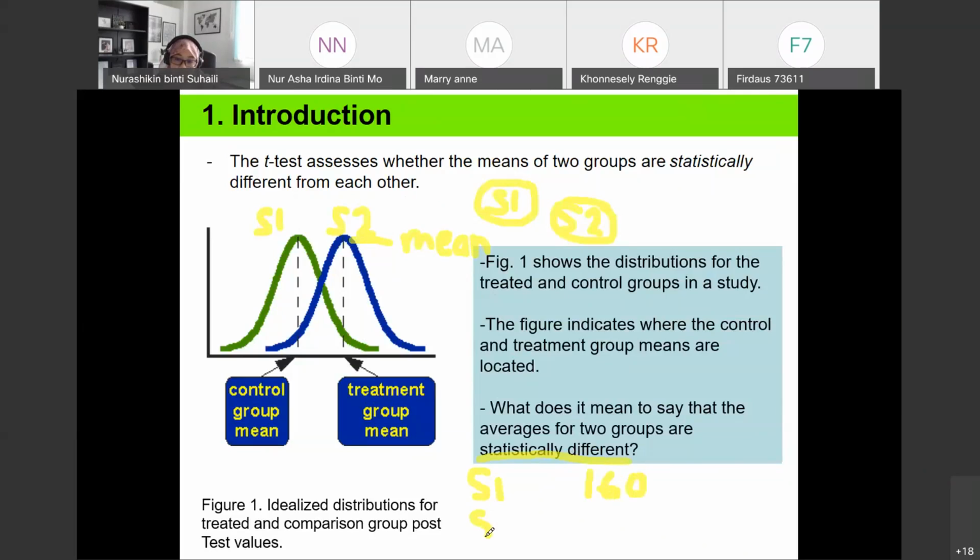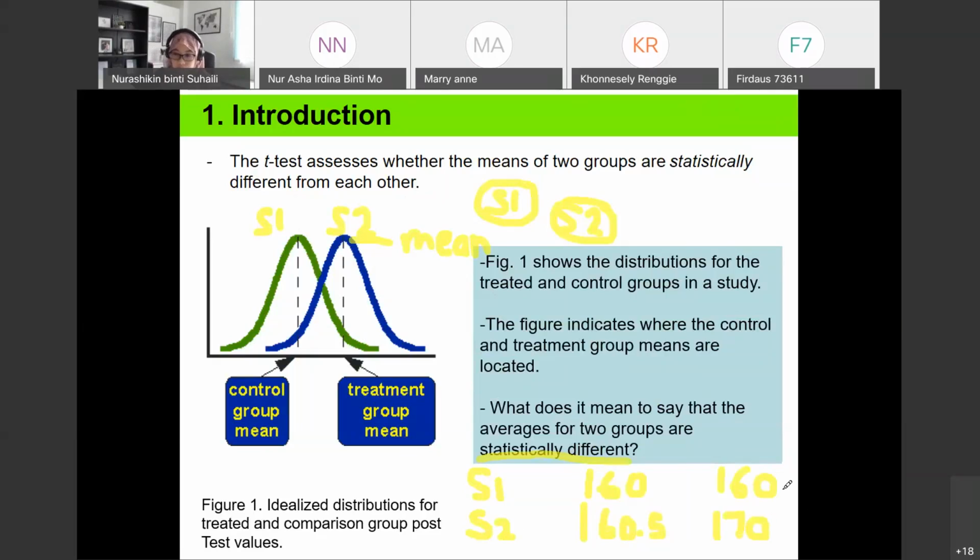And in S2, the mean is, let's say, 160.5. I give two conditions. This is the first condition. And condition 2 is when the first one is 160, and the mean of S2 is, let's say, 170.